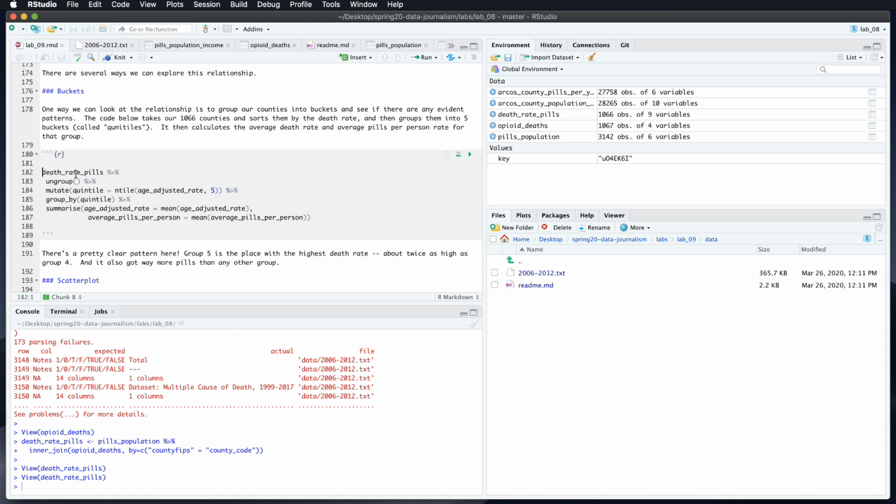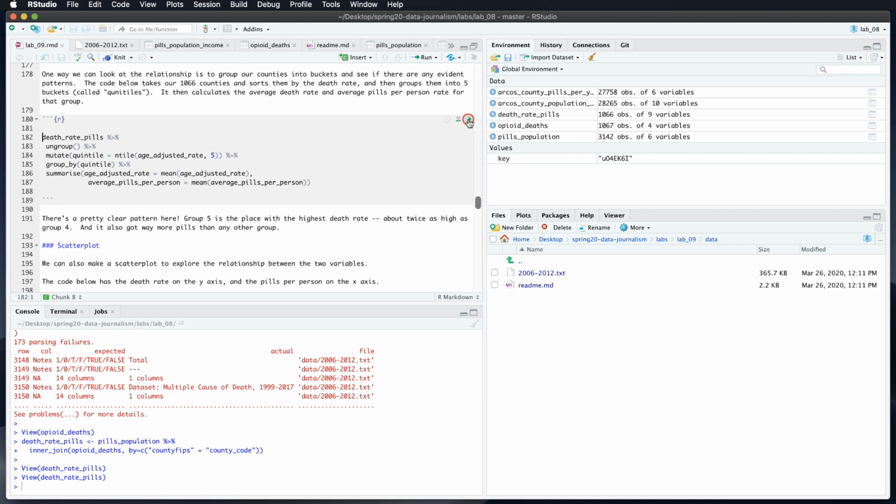We're doing that here. And actually, we're doing it the other way. We're grouping it into buckets based on the death rate and looking to see if there's some variation in pills per person. So I'm going to run this, and we're going to talk about what it shows, and then I'm going to walk you through the code that produced it.